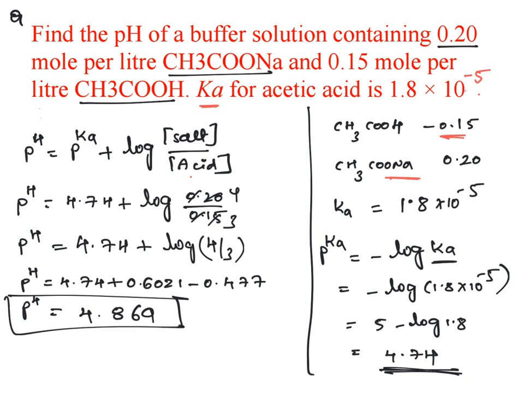So this is the way we have to calculate buffer solution pH. We only have to understand whether the given buffer solution is acidic or basic, and based on that, use the formula. Let's take one more problem.